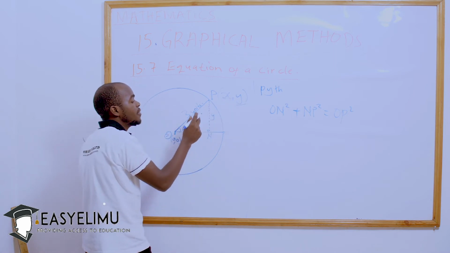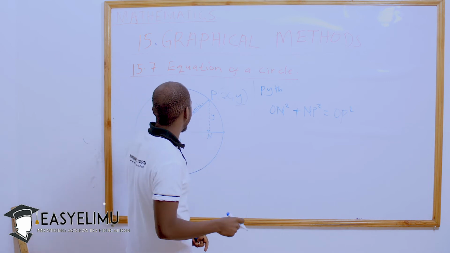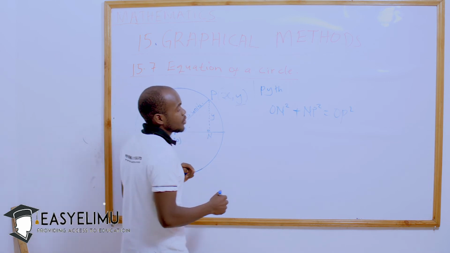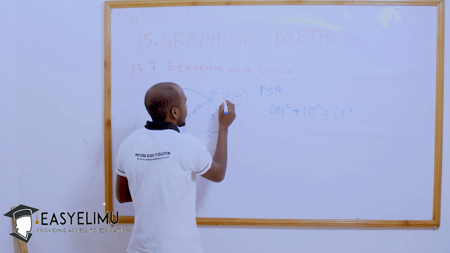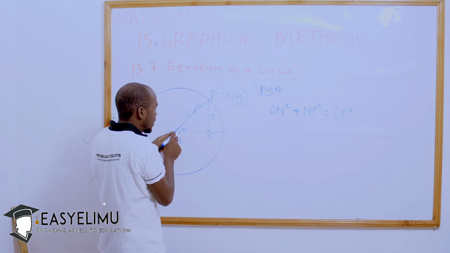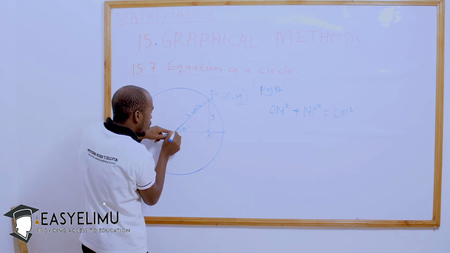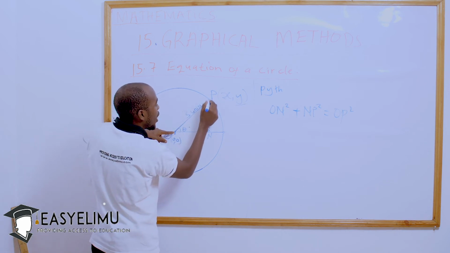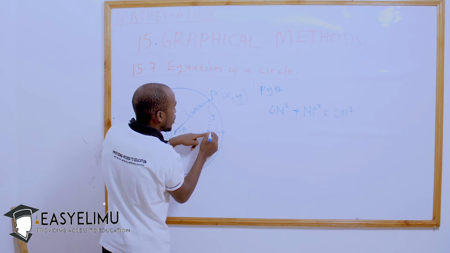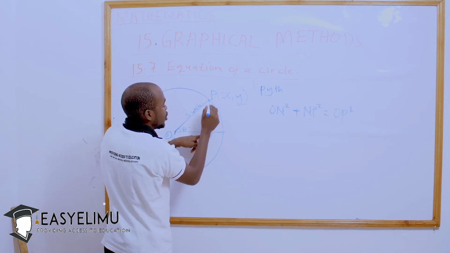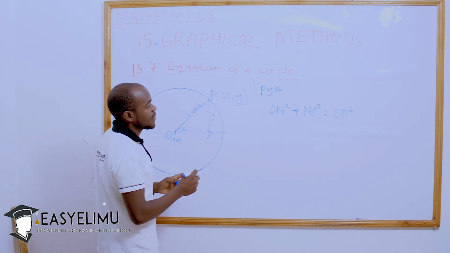So the coordinates give the distance from the center of that circle. Meaning that x will be the distance from O to N, and NP is y.